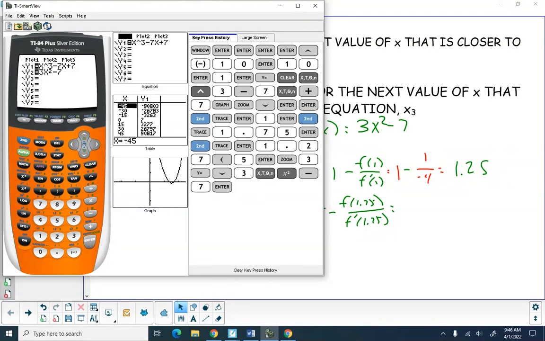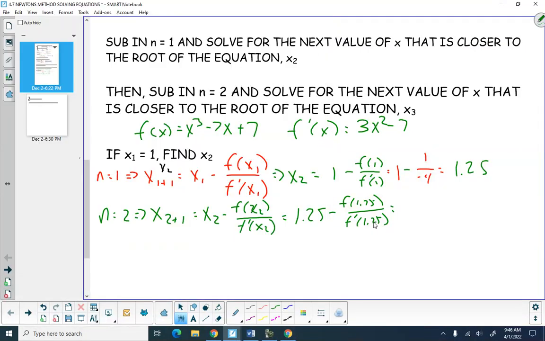What we have to calculate is a value at our function and a value at our derivative, and divide these two values. And we have to subtract that off from 1.25. So let's see how our calculator can work this.